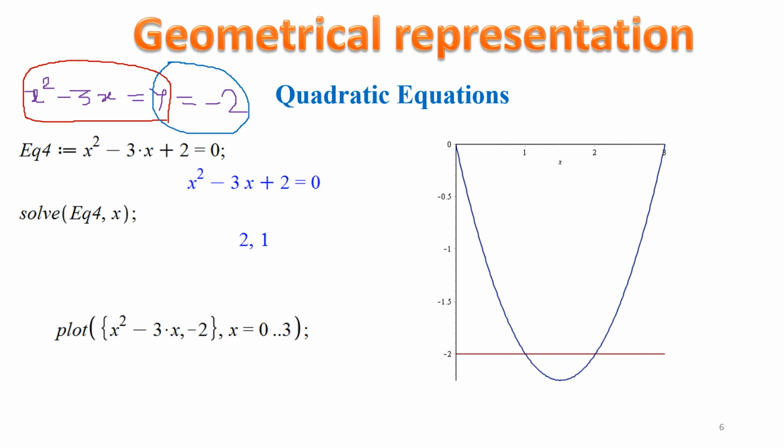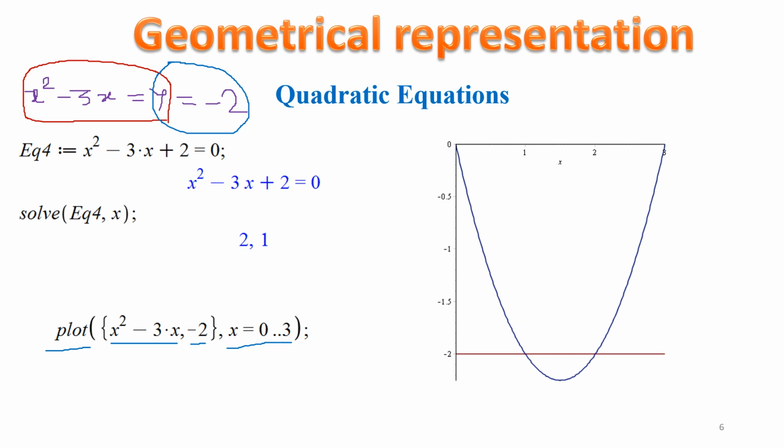Now we can explore the command plot x square minus 3x, and we get a simultaneous plot of two entities, y equal to minus 2 and y equal to x square minus 3x, in the range 0 to 3. I know beforehand that I am interested in only this range wherein I can see the graph nicely and look at the intersection points.